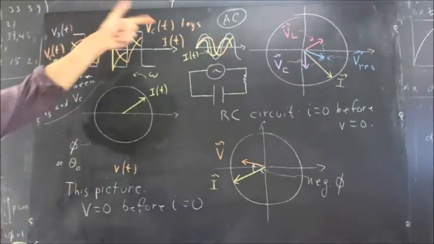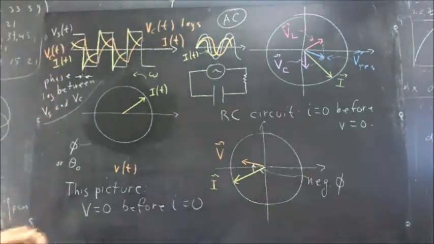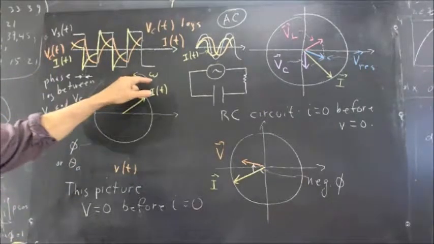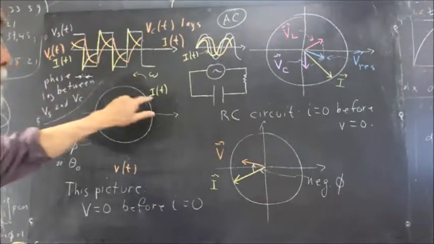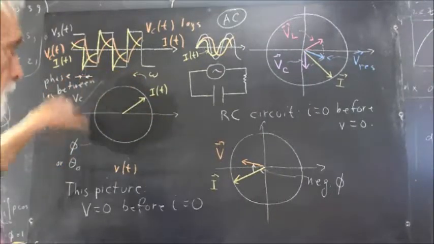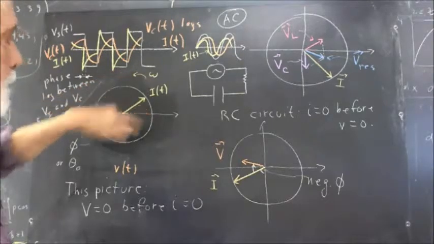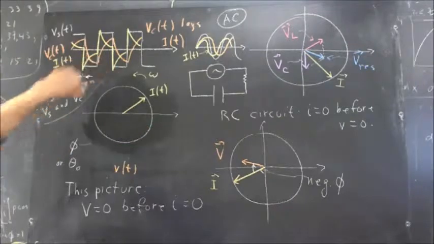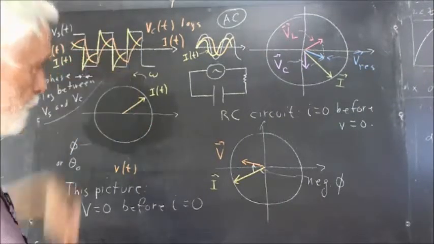And the differential equations are going to tell us that we have sines and cosines, and we already have to an extent. So we have some angular frequency omega of the source, which is going to drive the current at the same angular frequency. So the current is changing at angular frequency omega, which means that this vector is going to go around this circle with angular frequency omega, period 2 pi over omega.